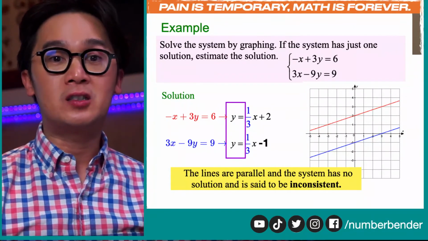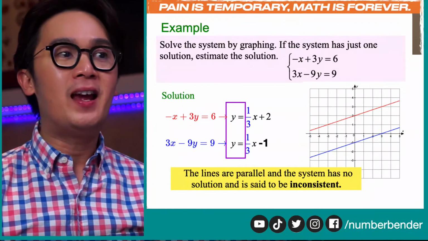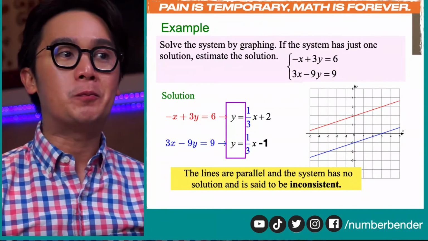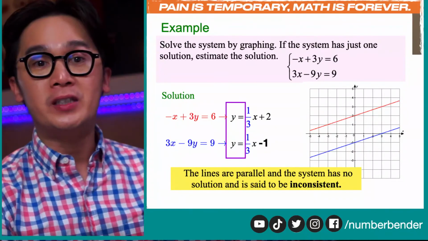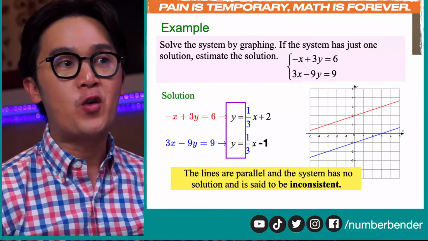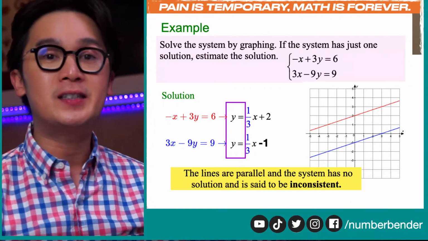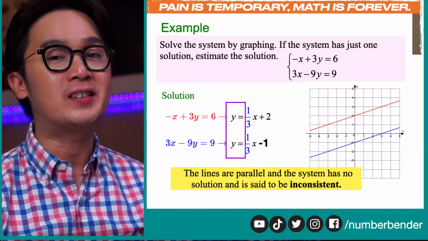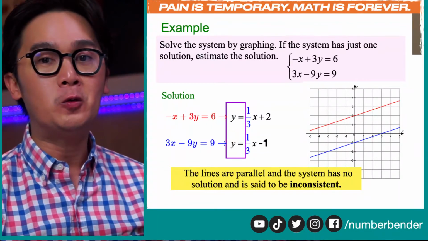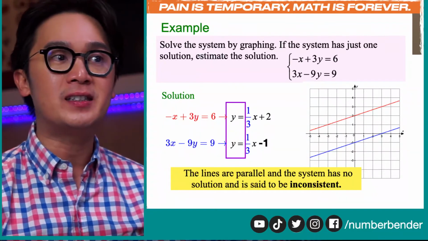Another description that we could use is that the system is said to be inconsistent. So this is how we're going to be describing the solution of our linear system. If it's intersecting, we have one solution. If it's parallel, there's no solution, and they are inconsistent.